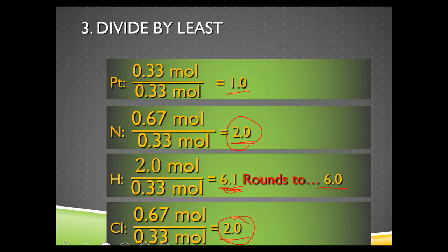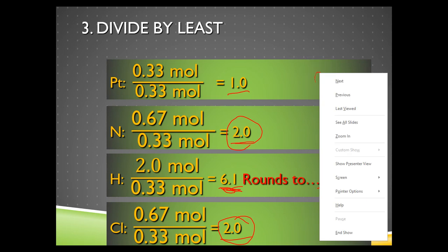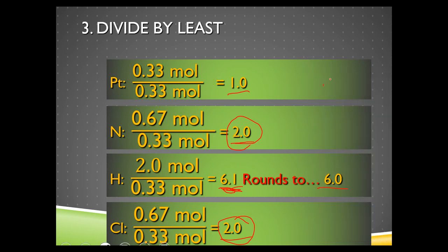All right, here's what you need to remember. If it is greater than or equal to 0.9, so 0.91, I would even accept it, also 0.9, 0.95, 0.96, that is okay to round.